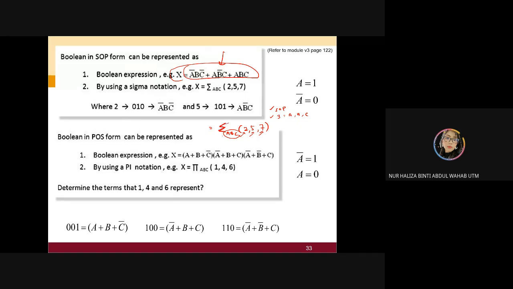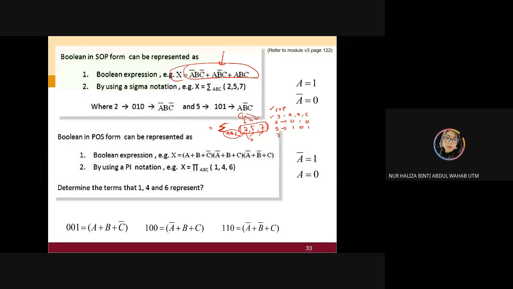For SOP, your output will be 1 when you meet condition 2, condition 5 and condition 7. What are these conditions? You convert this decimal to binary, you will get 0, 1, 0. This is one condition. Second condition, 1, 0, 1.